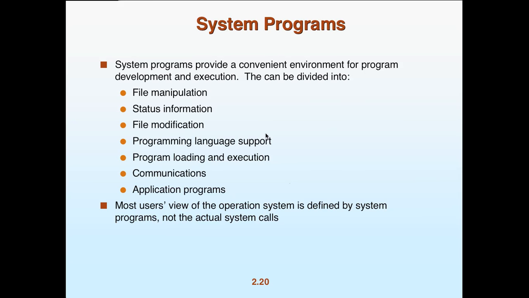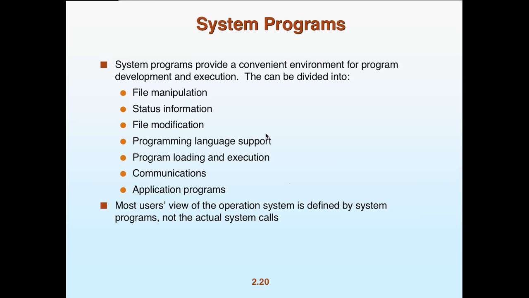So this concept of systems programs, as I mentioned before, they provide a convenient environment for program development and execution that can be divided into a couple of different categories. A systems program, as I defined for you, is one that uses system call interfaces or kernel utilities.